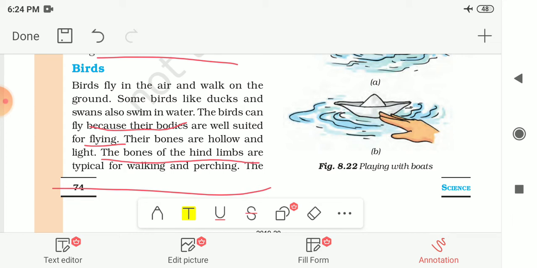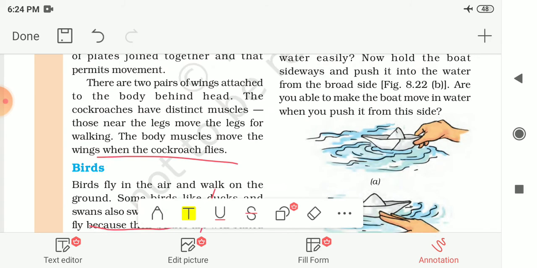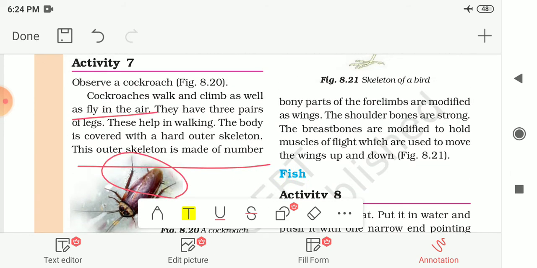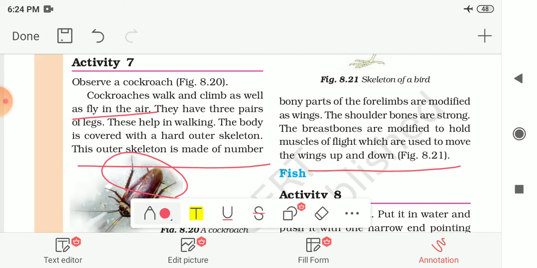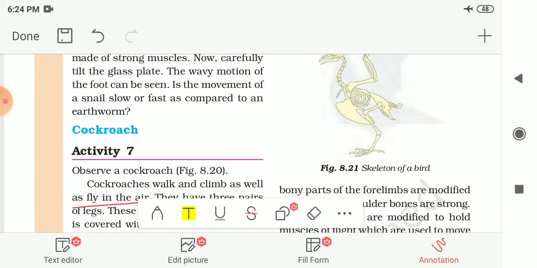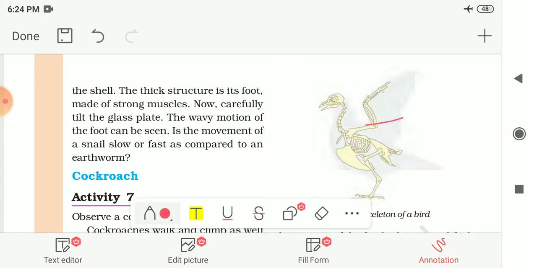The back legs are there for walking as well as for sitting, and the bony parts of the forelimbs, that means the front limbs, are modified as wings. Here in the picture it is shown to you, these forelimbs are modified into wings, and the shoulder bones are strong, and the breast bones are modified to hold the muscles of flight which are used to move the wings up and down.